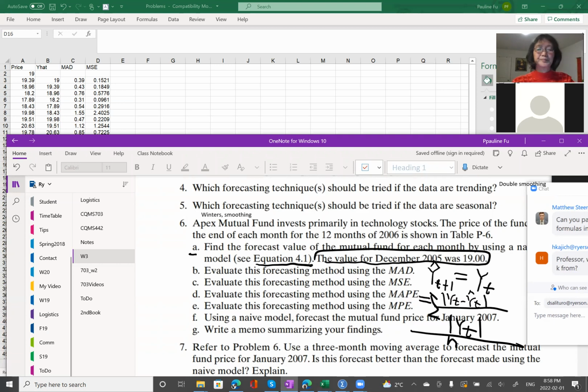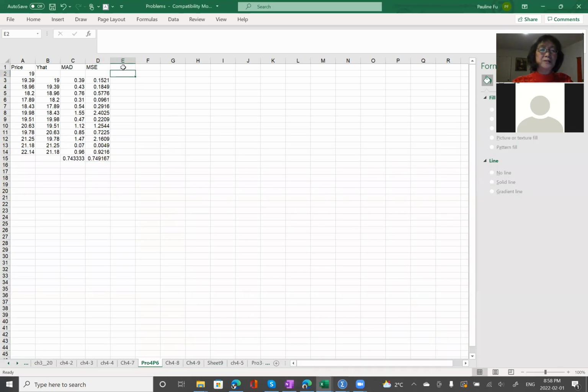So how do you do that? MAPE equal to absolute value, ABS, YT minus Y hat divided by ABS YT. Okay, that's it.